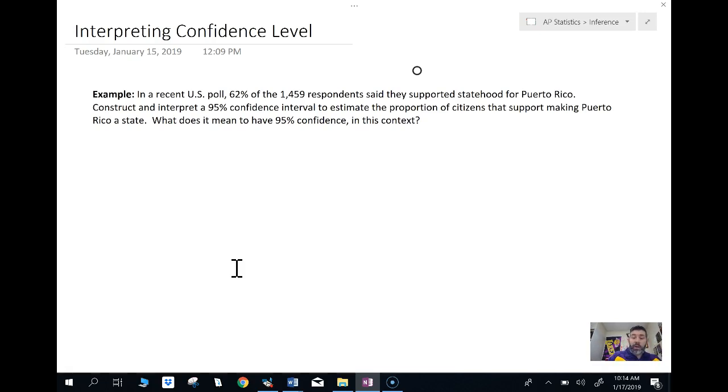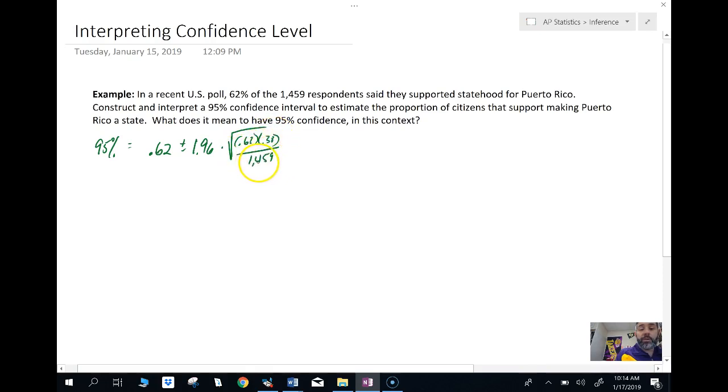What I've done here on the side is our 95% confidence interval. The work for that is our point estimate, which is 0.62, plus or minus z star 1.96 times the square root of 0.62 times 0.38 over 1459. If you don't remember how to do that, go ahead and check out my video on confidence intervals.